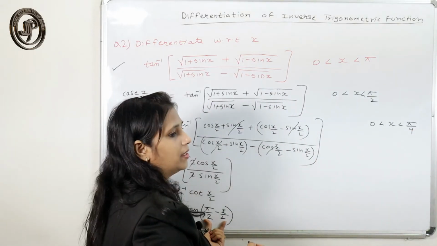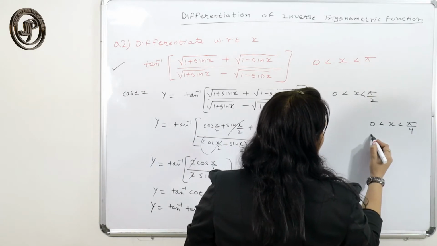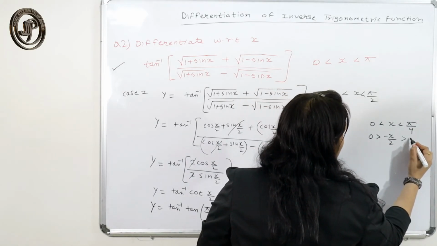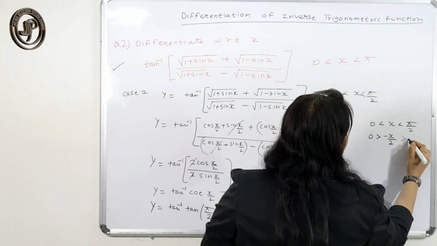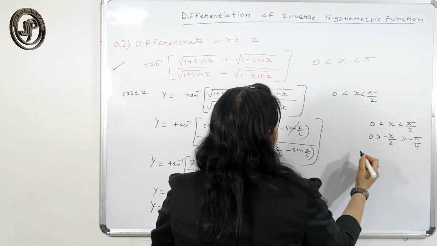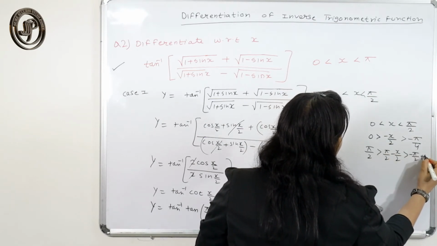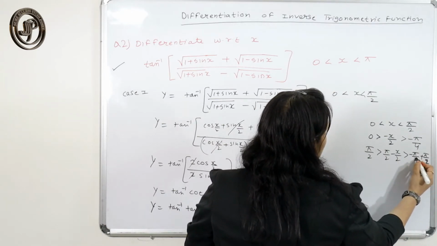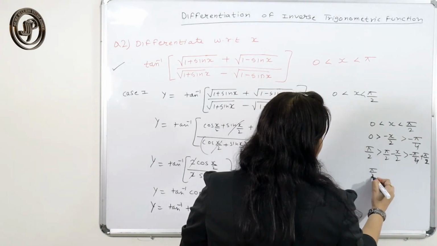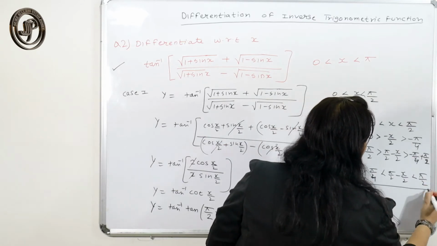Now just check, if x is 0 to pi by 2, what is the range for pi by 2 minus x by 2? For x by 2, first you have to divide by 2, and if you put a negative sign, the inequality will change. So here it comes, pi by 2 minus x by 2 lies between pi by 4 and pi by 2, so that lies within the range.